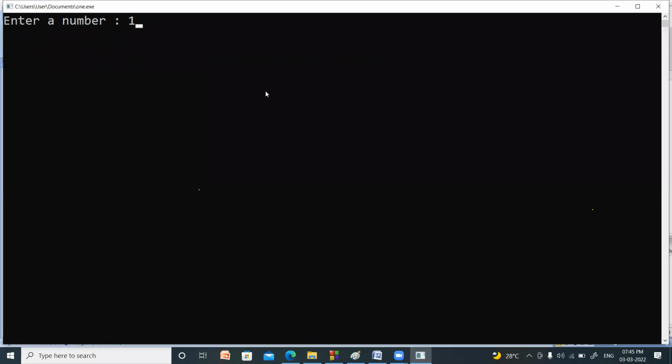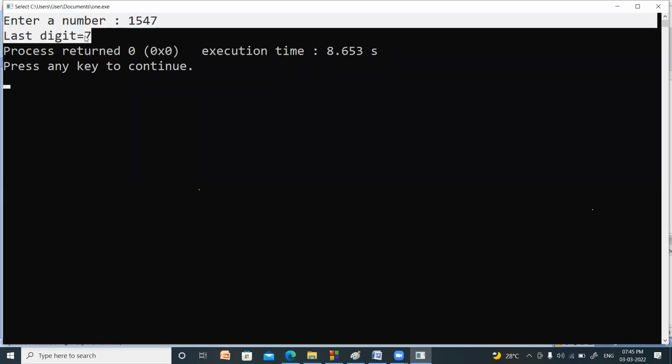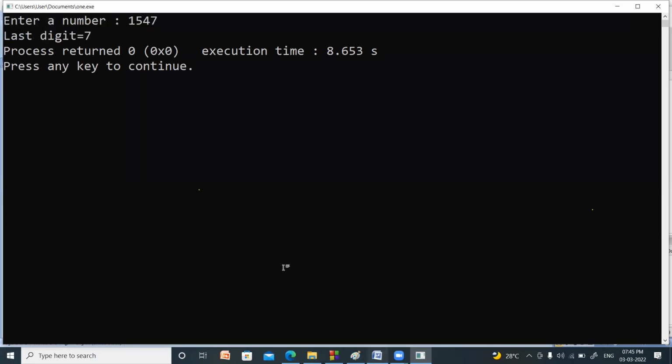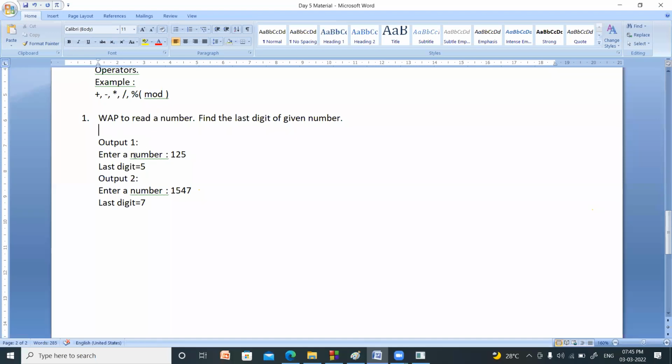My number is 1547. Now what is my last digit? 7. 7 is the last digit. Last digit equals 7. Got it? What is the formula? You have to remember the formula. You have to byheart the formula, right? The formula is remainder equals number mod 10.